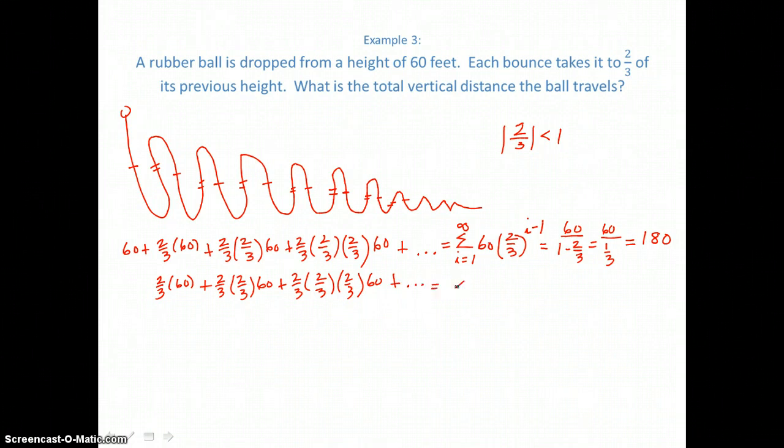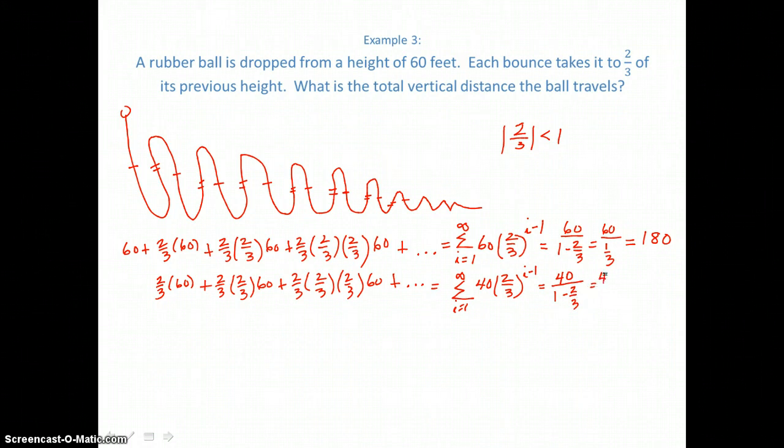So this can be written as the sum as i goes from 1 to infinity of a first term of 2/3 of 60, which is 40, times that common ratio, again that new factor in each term of 2/3 raised to the i minus 1 power. So again, it has a finite sum for this infinite geometric series. The first term is 40, and that's over 1 minus 2/3.